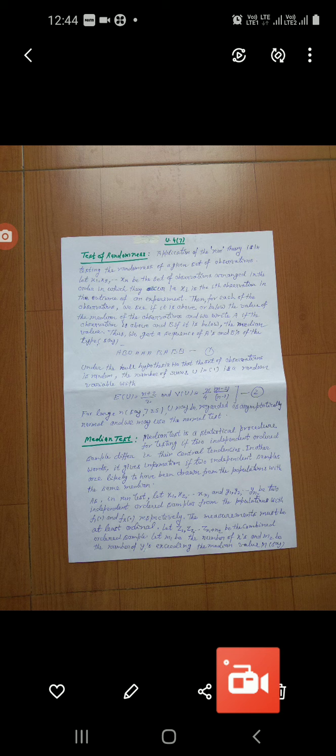As we did in the run test, let x1, x2, up to xn1 and y1, y2, up to yn2 be two independent ordered samples taken from the populations with f1 dot and f2 dot respectively.